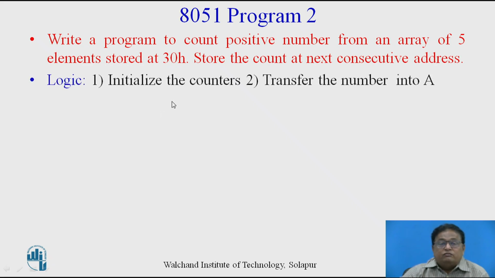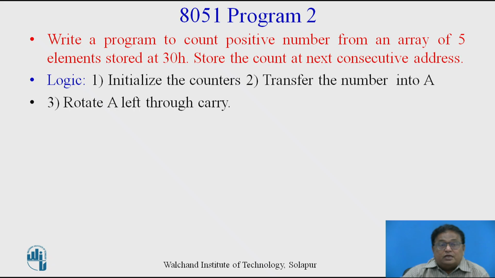So again, first step, initialize the counters, whatever is required: the loop counter, result counter, and memory pointer. We require this because the 5 numbers are stored from address 30. Then, next step, take the first number into the accumulator. Now we have to rotate the number left through carry because we are interested in checking the MSB.